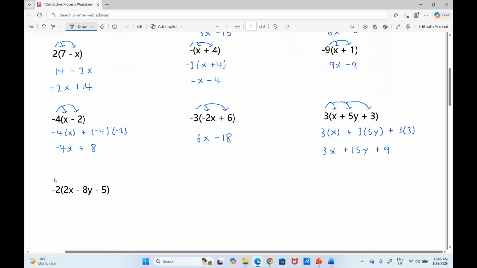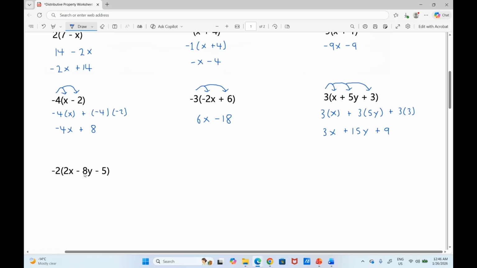Okay, now I have this negative 2 times every term in the bracket. So negative 2 times 2x, negative 2 times negative 8y, negative 2 times negative 5. So I have negative 2 times 2x plus negative 2 times negative 8y plus negative 2 times negative 5.